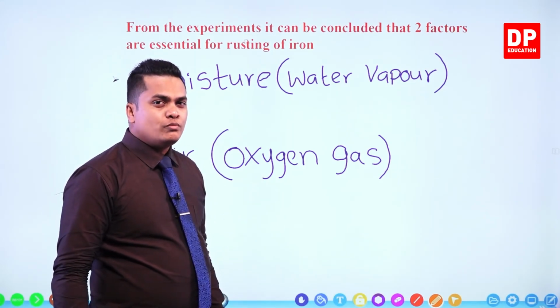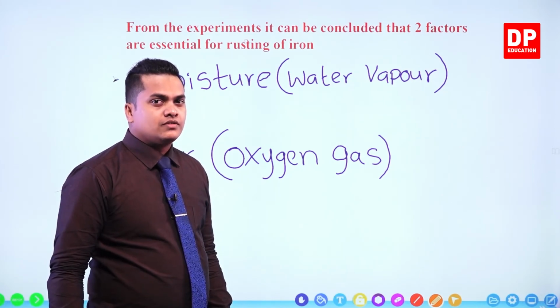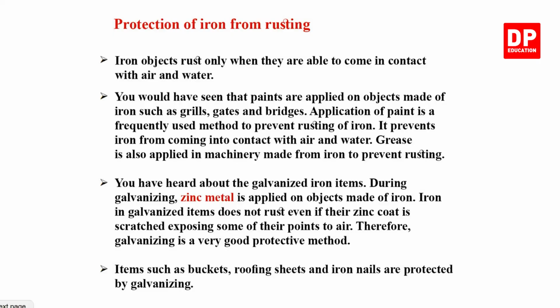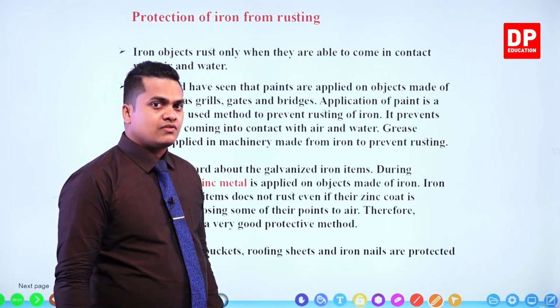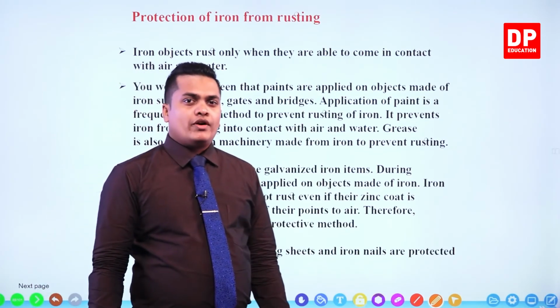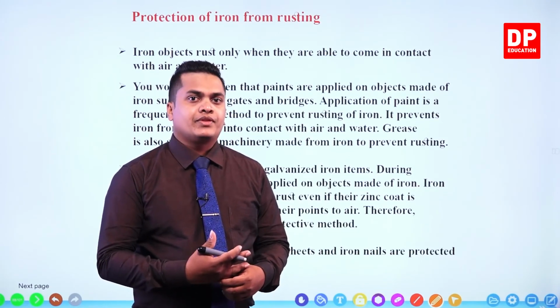So these are the two main components which are essential for the rusting of iron. Right then. So in this part we'll be discussing how to protect things from rusting, or metals from rusting, especially iron, right? So how to avoid the rusting of iron, we'll be discussing that part in here, right?